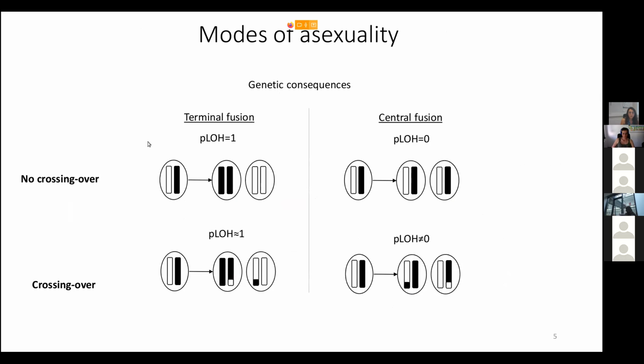Some mechanisms can lead to a complete loss of heterozygosity, which is kind of the terminal fusion type. I will abbreviate loss of heterozygosity as LOH in my talk. But because recombination can still take place in the first stage, as it's derived from meiosis, we could find some heterozygosity retained as we go away from the centromere. Other mechanisms can lead to the opposite genetic consequence, which is a complete retention of heterozygosity.